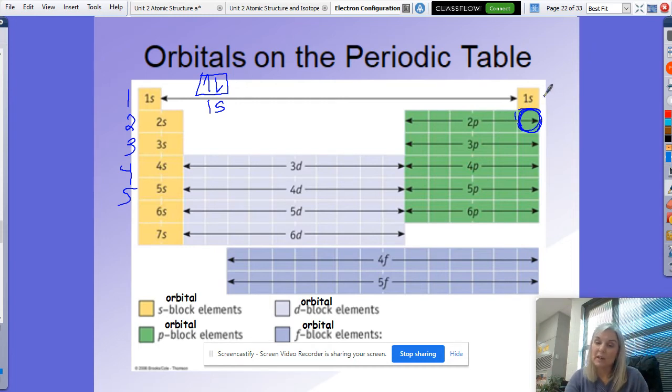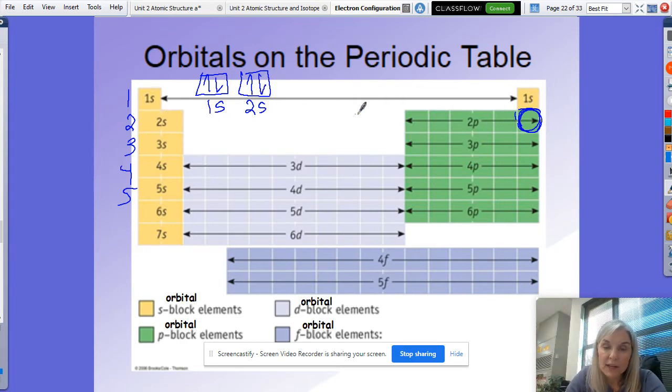All right, so I'm at the end. I can't go on any further, so I'm going to go to my second energy level. So here I'm going to put my box here. So that's 2s now. And notice there is 1 box, and that's all the s right now. So I'm going to put an up and a down arrow. Now I got to keep going.